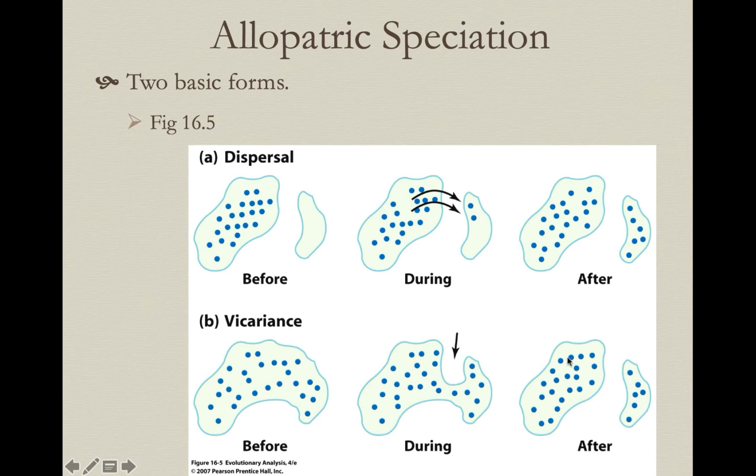But now the individuals in this forest patch and this forest patch, in these separated populations, again begin to accumulate differences and form two new species. So it's still because of separation through allopatry, but these individuals didn't move, they just got isolated because of this geographic change. We call this vicariance.